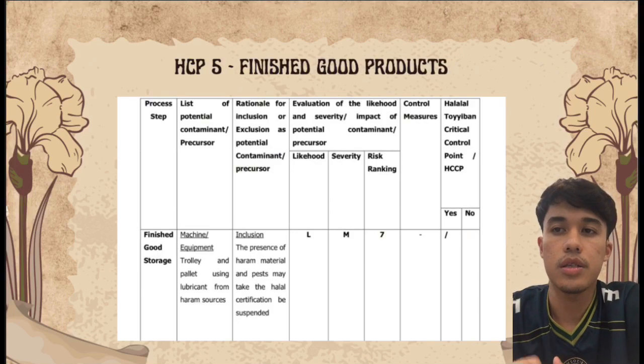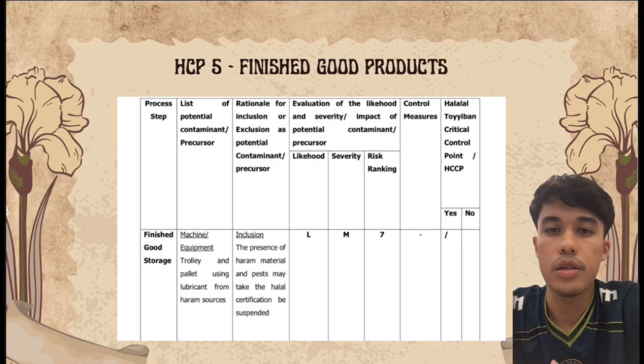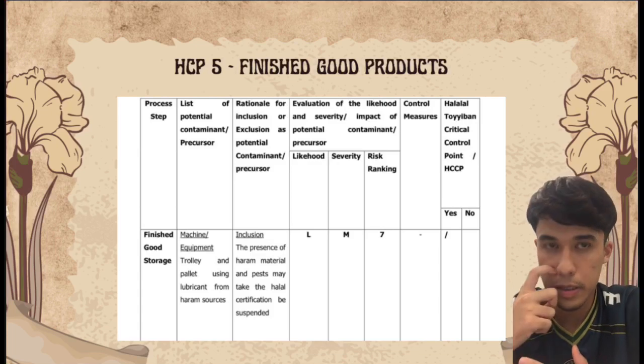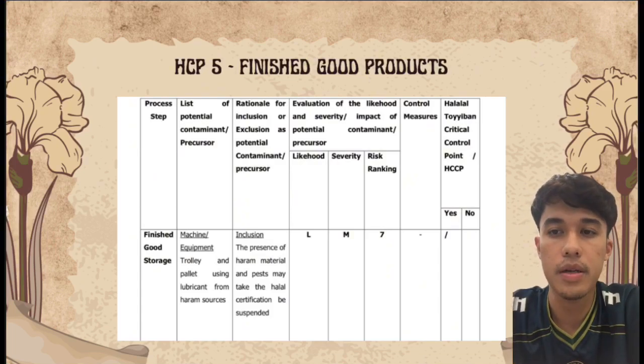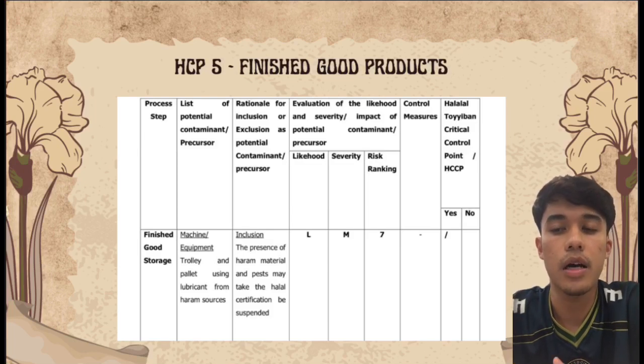For the next CCP, which is finished goods products, the potential for any cross-contamination comes from machine and equipment, which is the trolley and pallet that we use in our production at Chili Lado Berhad, which may come from lubricant and from a haram source.